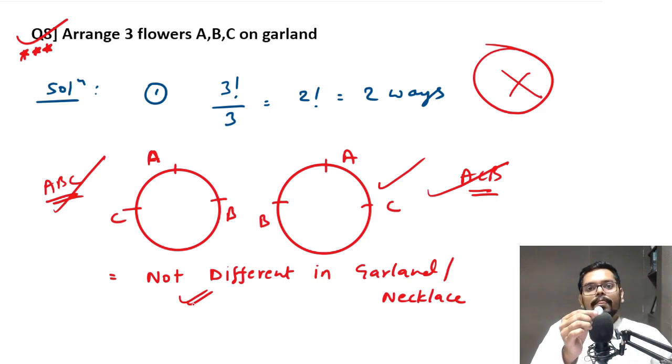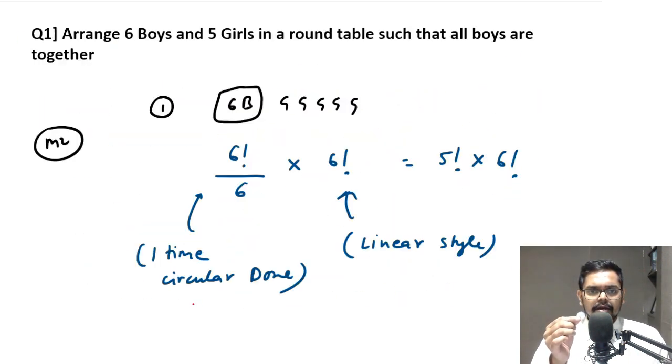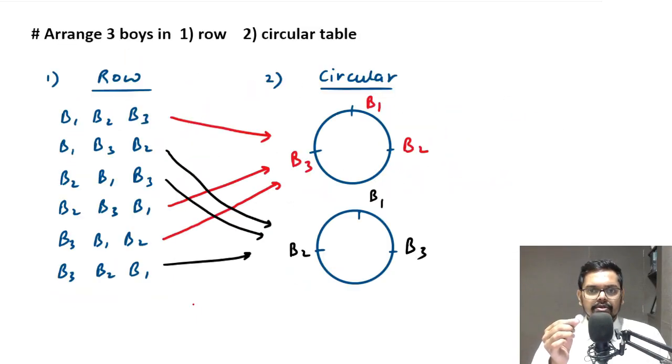Then sir, in this circular arrangement round table concept where you arrange the boys at a circular table, why did you say that there are two ways? Because here B1, B2, B3 and B1, B3, B2 are two different arrangements. Sir, how come they are different here? Because a circular table has only one view.